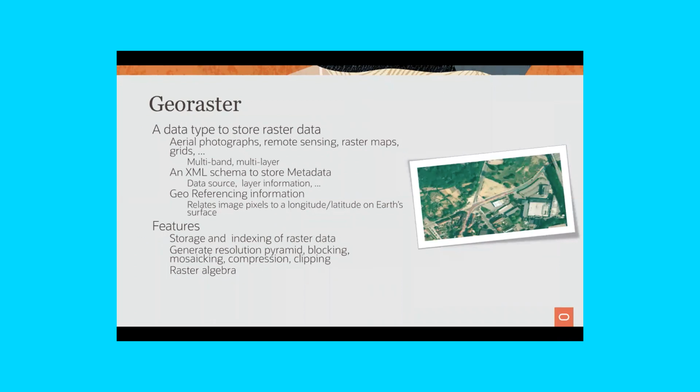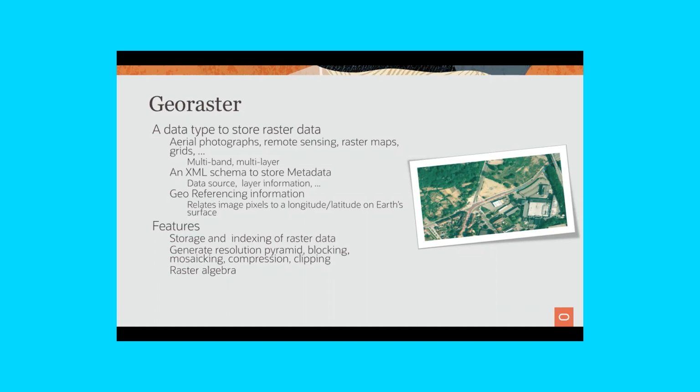And then let's look at some of the other advanced data types that we have in the database. As I mentioned, GeoRaster is one of those data types. Raster typically means satellite imagery data, but it can also be used for storing data collected from low-flying aircraft and other sensors. In the database, all we do is take this data and store it in a bunch of Oracle tables. And then we have an efficient storage mechanism that lets you store very large amounts of data as a seamless image.